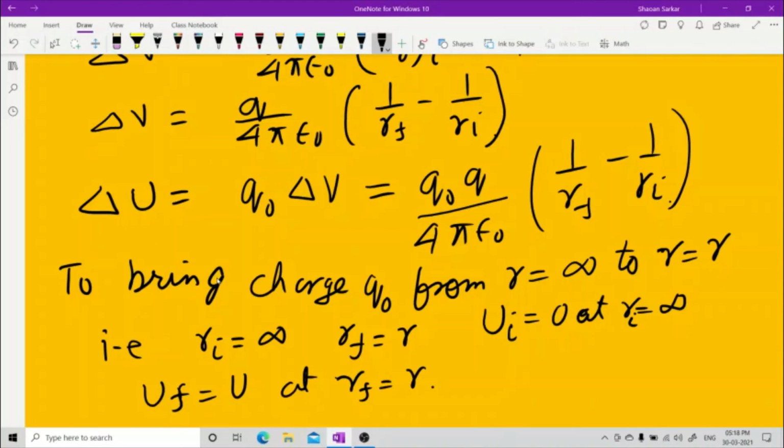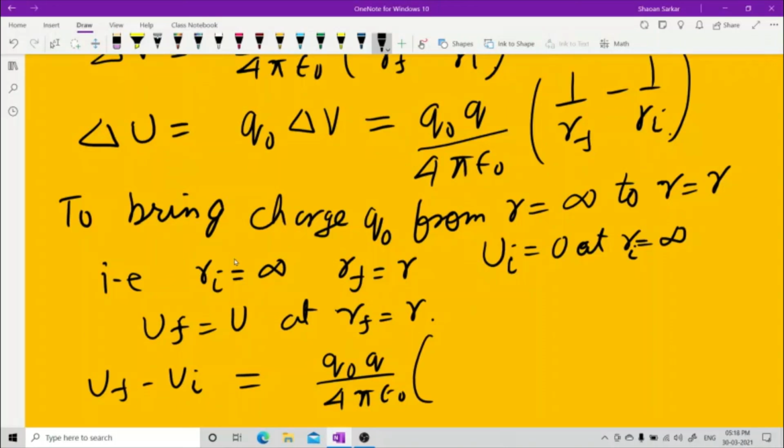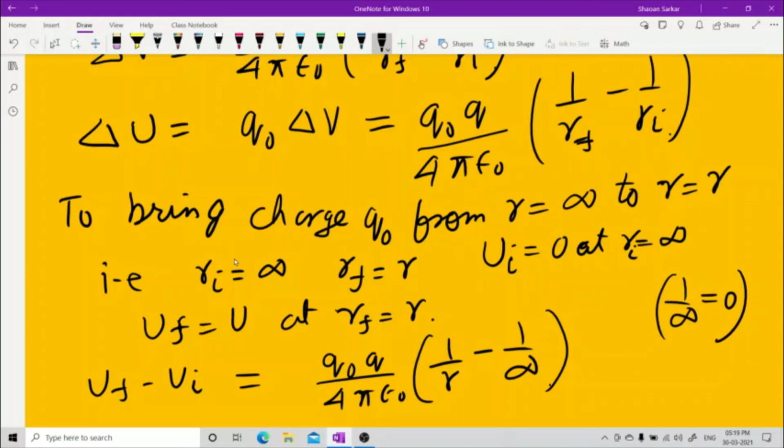If I put these values, delta U, that is U final minus U initial, is equal to Q naught Q by 4 pi epsilon naught, 1 upon R minus 1 upon infinity. 1 upon infinity is always equal to 0, and U initial is 0.